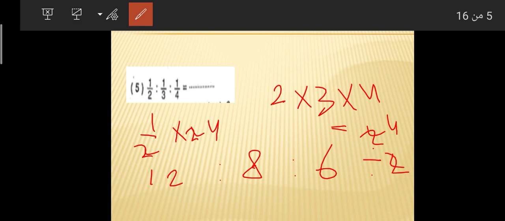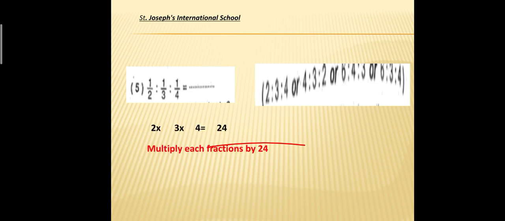Then 12 divide 2 equals 6, 8 divide 2 equal 4, 6 divide 2 of course equal 3. Then the final answer 6 to 4 to 3. Fine. Okay, multiply each fraction by 24 and the final answer 6 to 4 to 3.